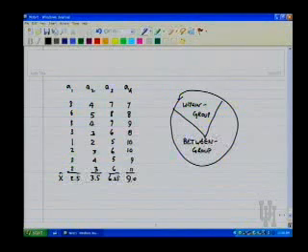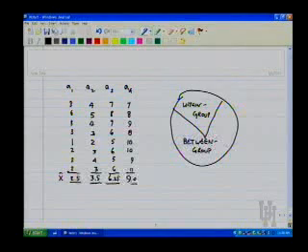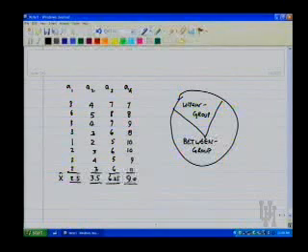Let me ask you this: can you explain the between group variance? That is, can you explain the difference between 2.5, 3.5, 6.25 and 9.0? What is your explanation for those differences, the differences between groups?